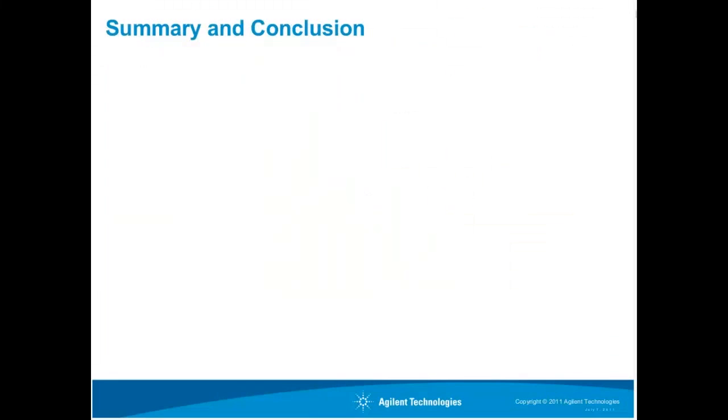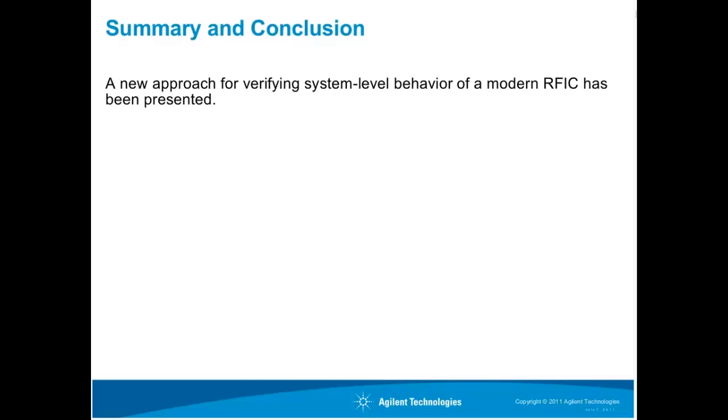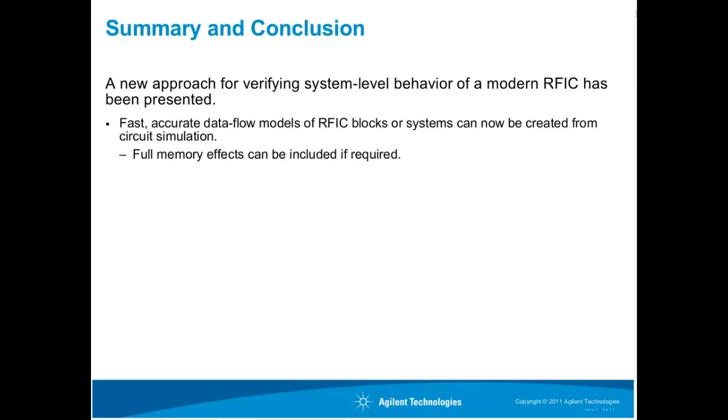Okay, so let's wrap up. We've presented a new approach for verifying system-level behavior of a modern RFIC, and the key to it is using fast, accurate data flow type models, and these can be created directly from your circuit simulation tool. Those models can include full memory effects so that you can model those in case they're included in the circuit characteristics.